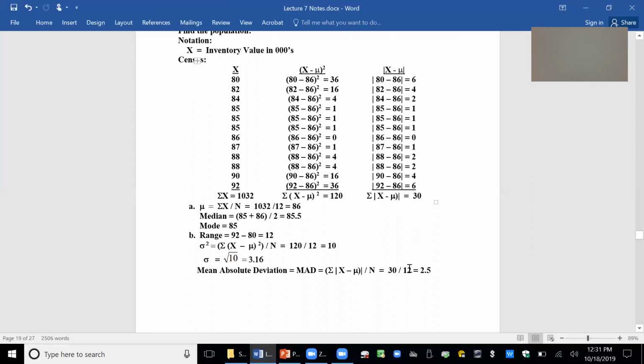Dividing the 30 by 12, I get 2.5 as the mean absolute deviation. When you take Operations Management Business 306, you'll use this one a lot for forecasting accuracy. The square root of the 10 is the standard deviation, the population standard deviation, and our range, highest minus lowest, 92 minus 80 is coincidentally 12.